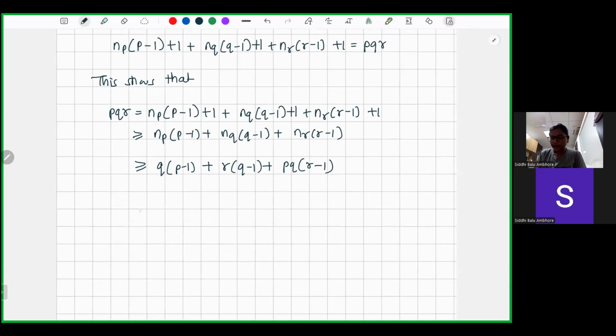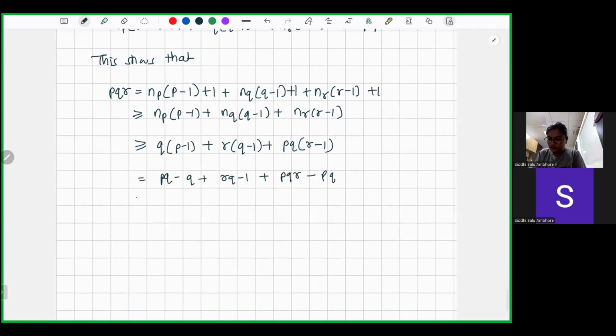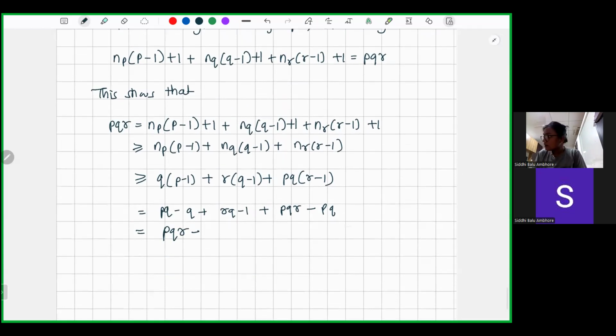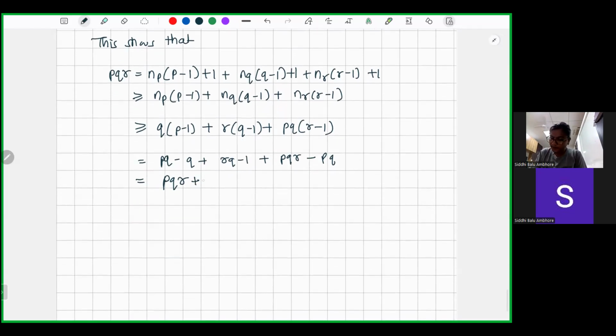And now when I simplify them, I get PQ minus Q plus RQ minus R plus PQR minus PQ. So this PQ gets cancelled and I get PQR plus QR minus Q minus R.